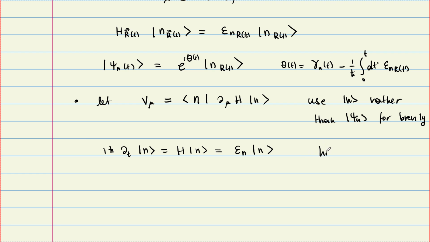So I want to hit del mu on both sides of this equation. So this is i h bar. Let me just write it and then hit with del mu. I want to compactify it like this. So this is del t, because now I know this is acting on here, and I add one more mu, and this thing can act on the Hamiltonian n or the state del mu n.